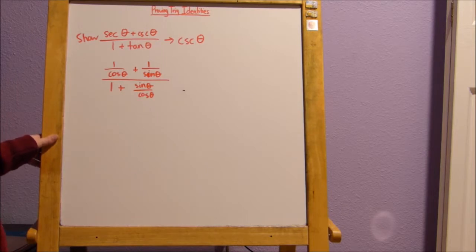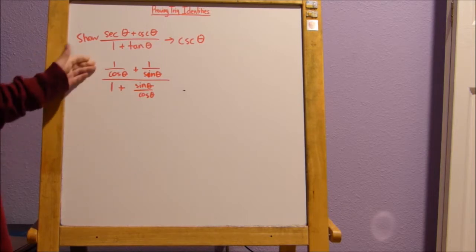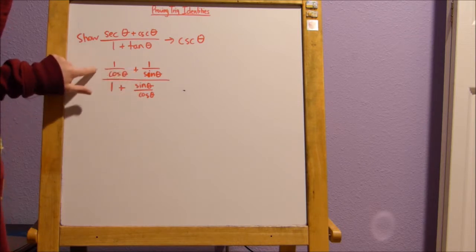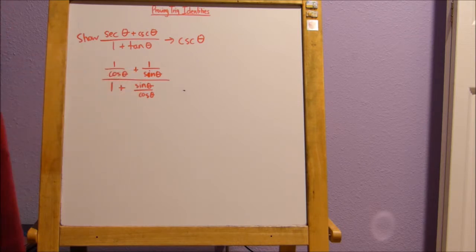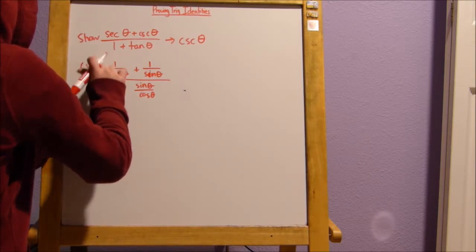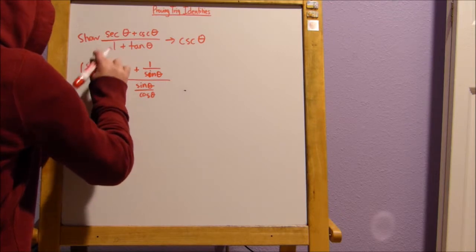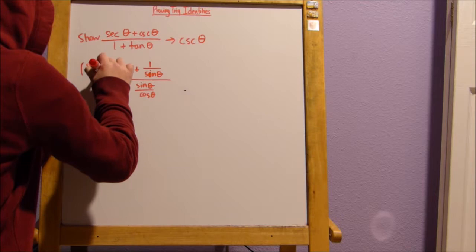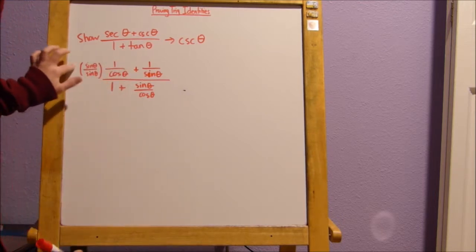Now, the next thing I don't really like about this situation is the fact that we're adding these two things in the numerator, but they don't have the same denominator. So we're going to change that. We're going to multiply this side by sine of theta, both the denominator and the numerator.